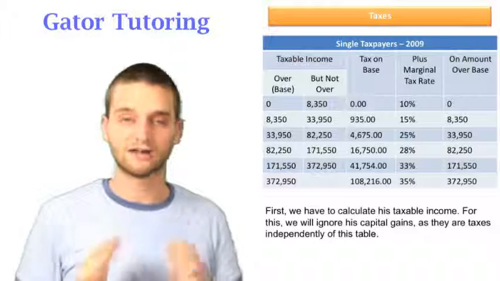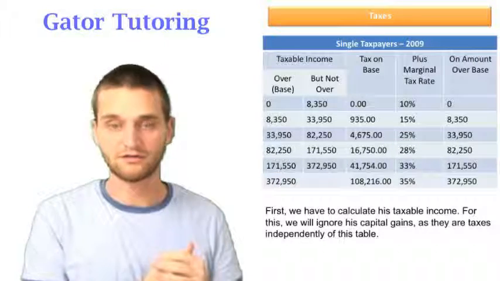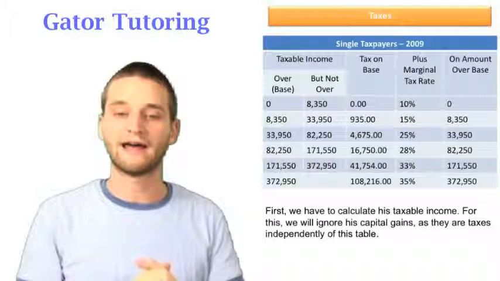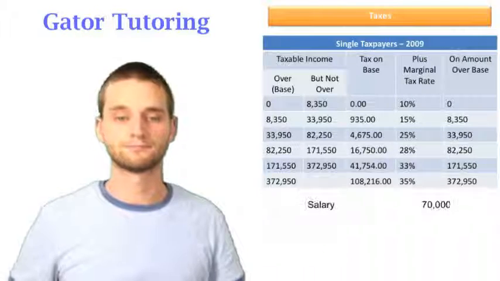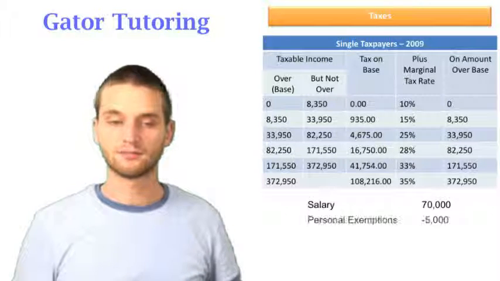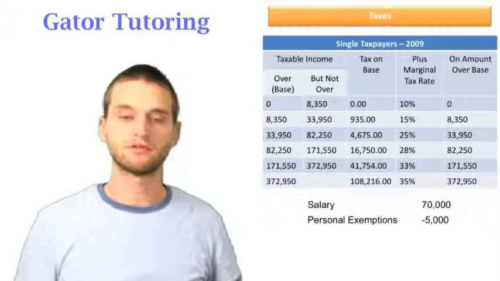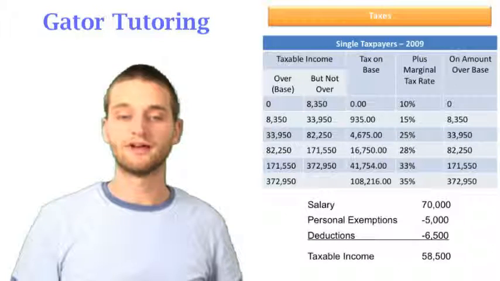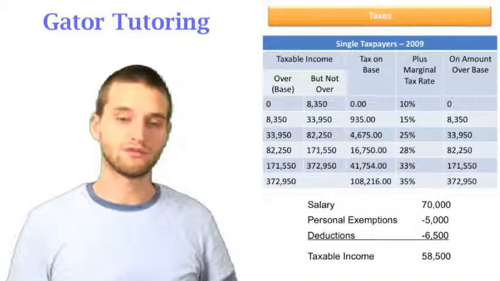So first we have to calculate his taxable income to see which bracket he falls in. For this, we will ignore his capital gains as they are taxed independently of this table. So we start with his salary of $70,000, subtract his personal exemptions of $5,000 and his deductions of $6,500, and we're left with a taxable income of $58,500.